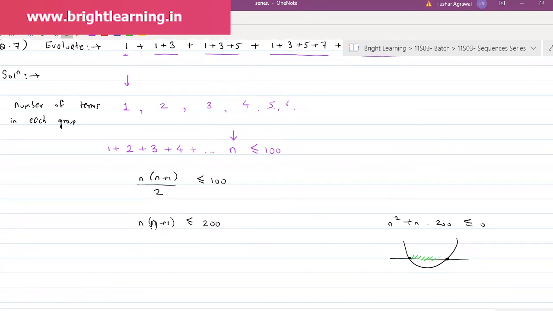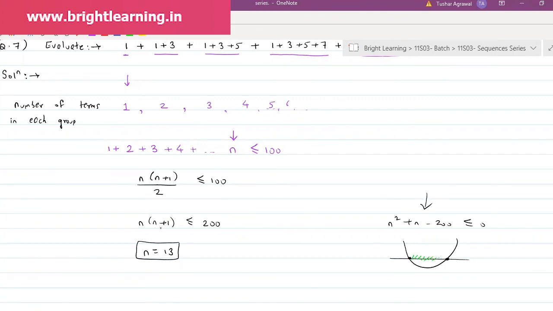Two consecutive natural numbers whose product is about 200, so you can see n is equal to 13, simply by trial and error. If the number is bigger, some random number, then the standard quadratic method I have told you can be used.